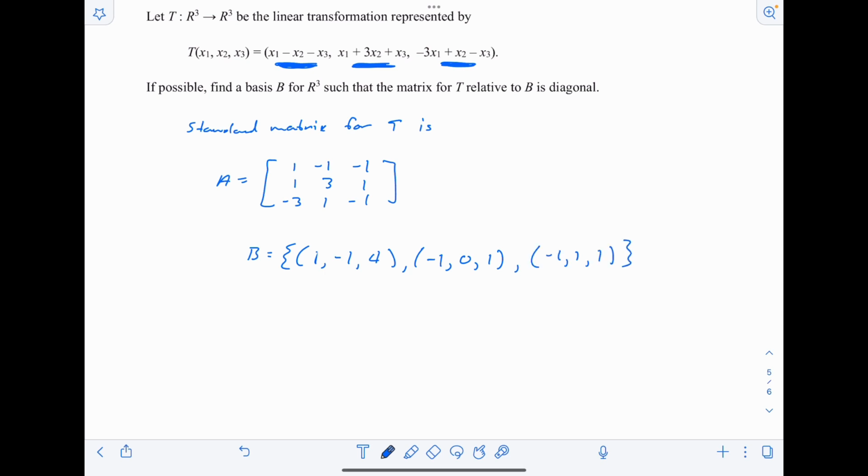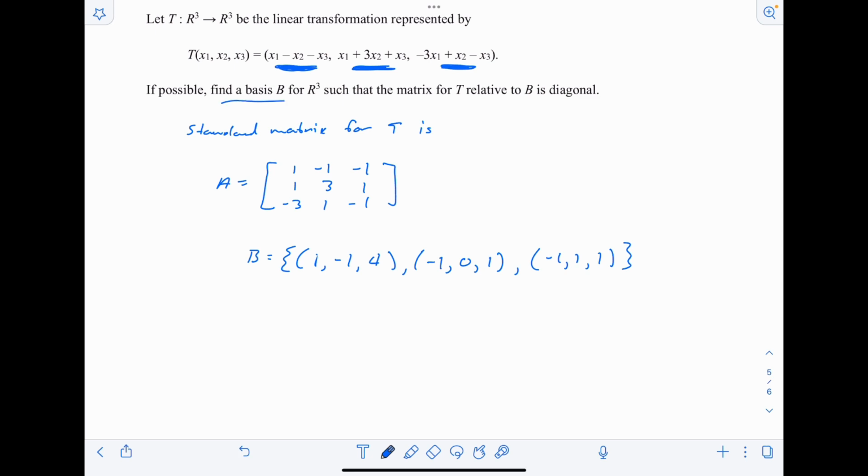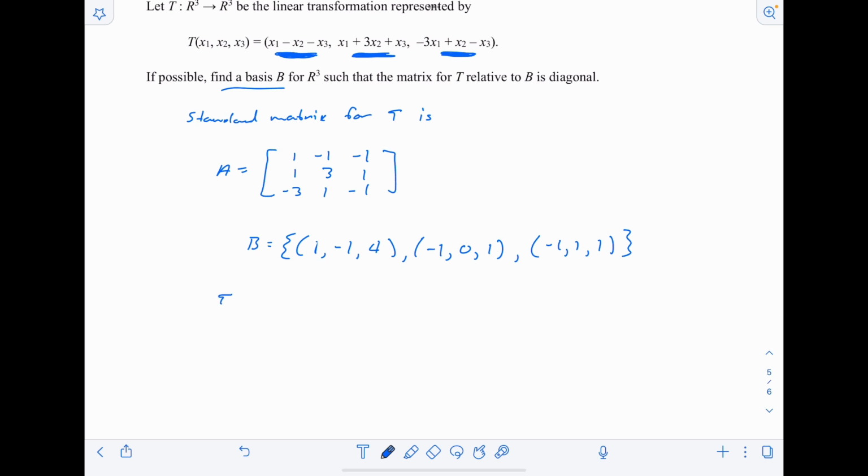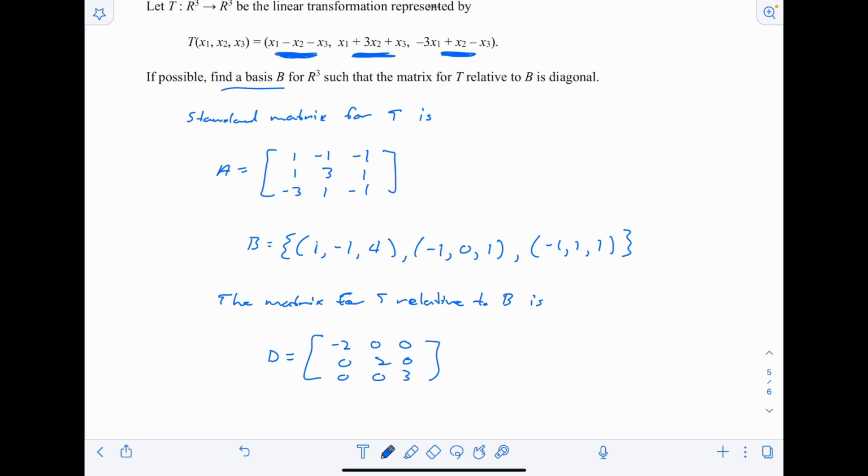So that is the basis B. So we've found the basis B. And then, to show that the matrix for T relative to that basis is just the diagonal matrix with -2, 0, 0, 0, 2, 0, and 0, 0, 3. So that would be the matrix for T relative to B, just that diagonal matrix.